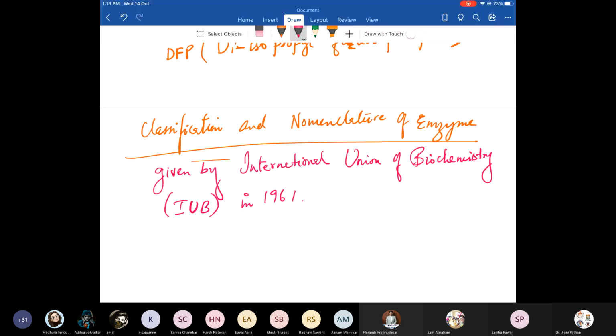So now we are studying the classification of enzymes. Important again. So write down, make five columns. Serial number, EC number, name, function, and example.